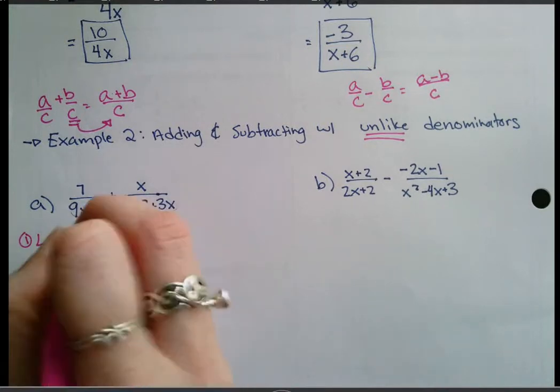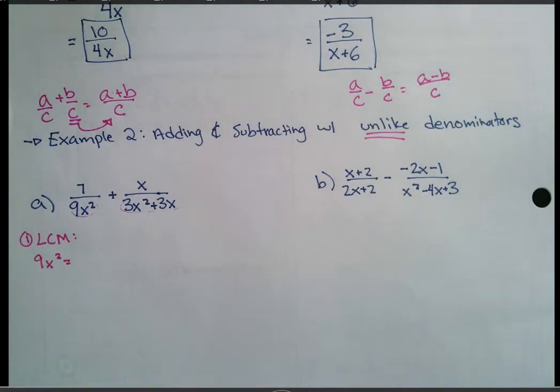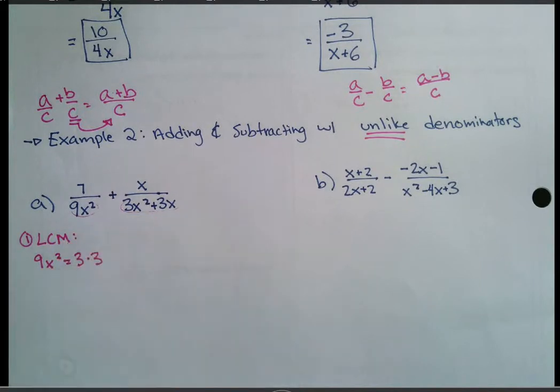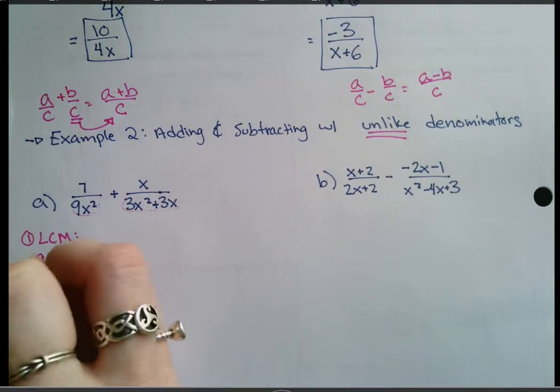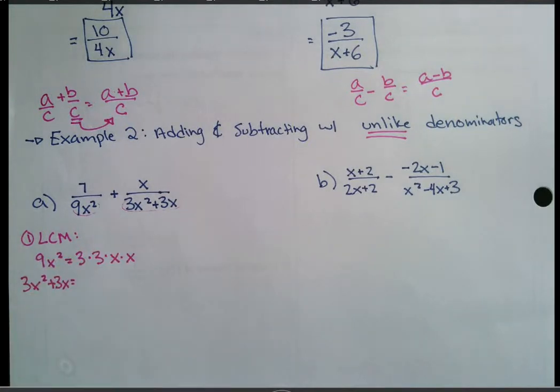So I'm going to look at this first one, the 9x squared, and I'm going to say, okay, well, what is that made up of? What are its basic pieces? Well, I know 9 can be broken up into 2 3s, and the x squared can be broken up into 2 x's. Next, I have that 3x squared plus 3x. Well, these both have a 3, and these both have an x, so I can do the opposite of my distribution.